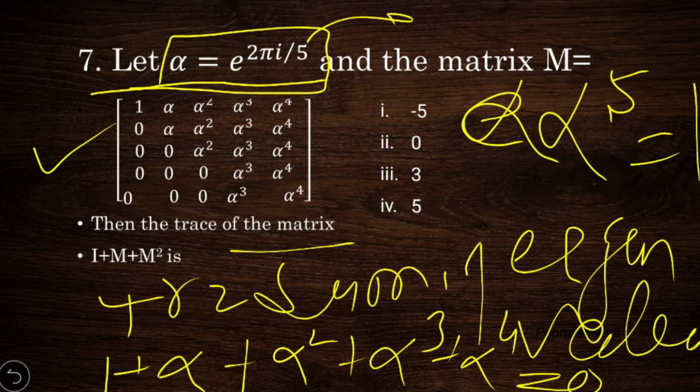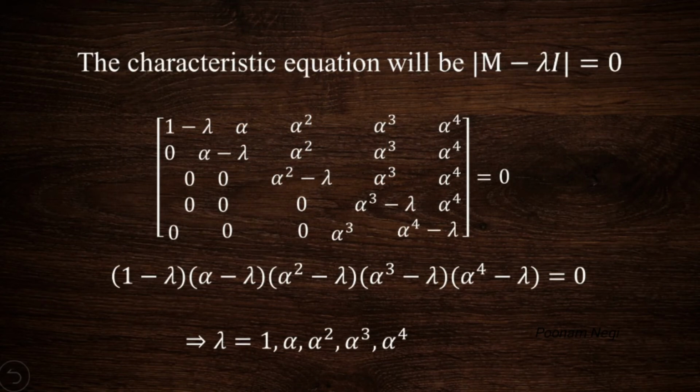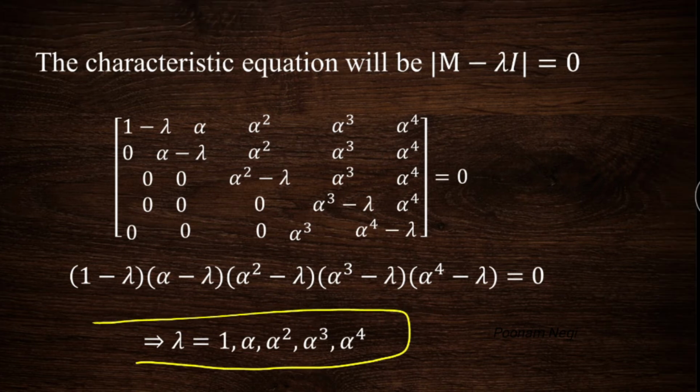Now by a simple process, calculate the characteristic roots for this given matrix. It will give us lambda equals 1, alpha square, alpha cube and alpha to the power 4. Now we have to calculate the trace of this matrix.